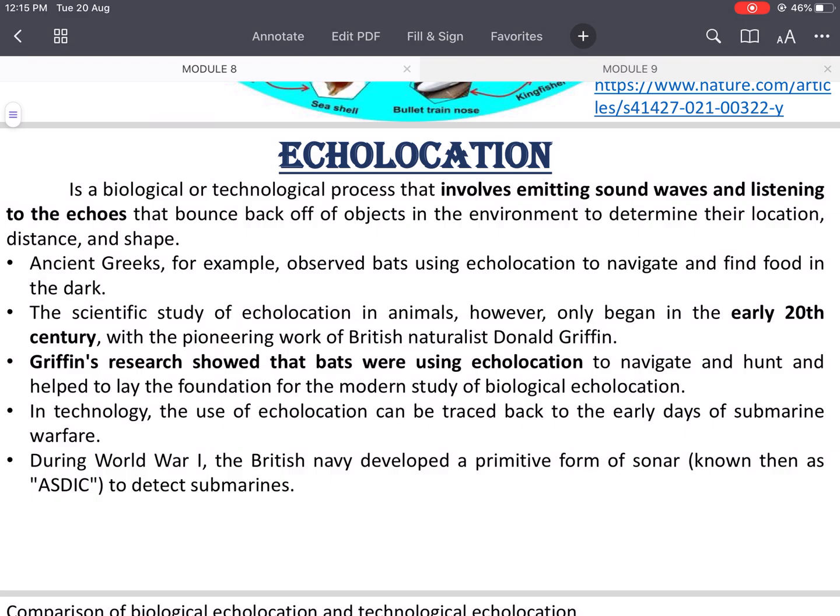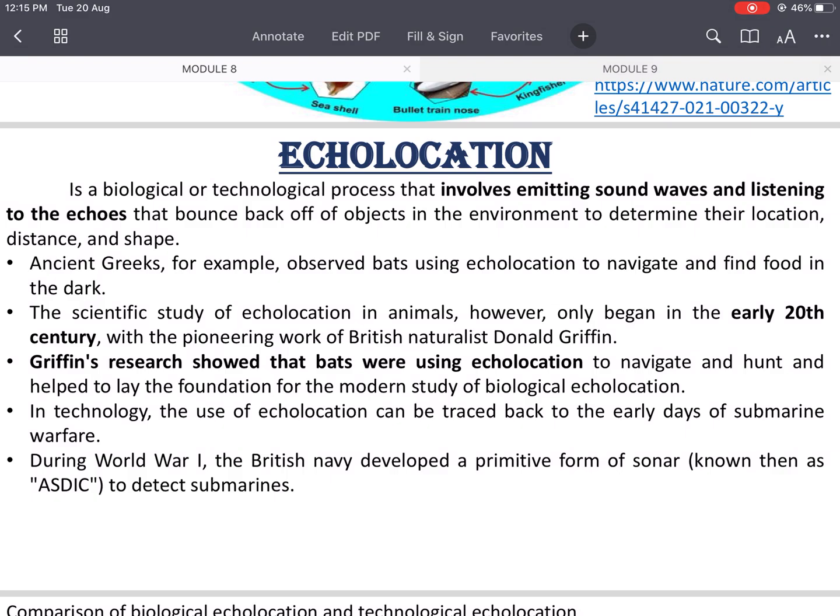What is echolocation? Let's take an example. We all have seen bats, correct? Do bats depend on their eyes or sight while they fly? No, right? They basically use a technique called echolocation.